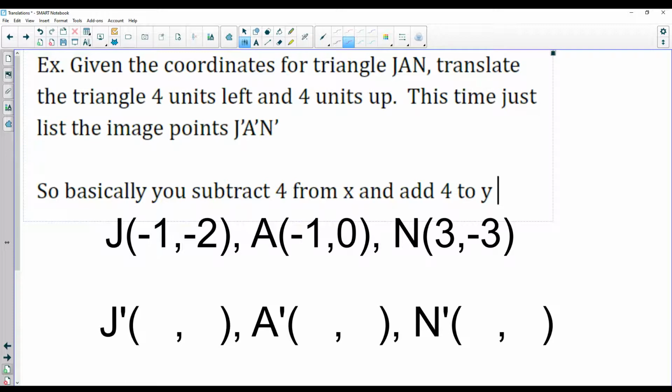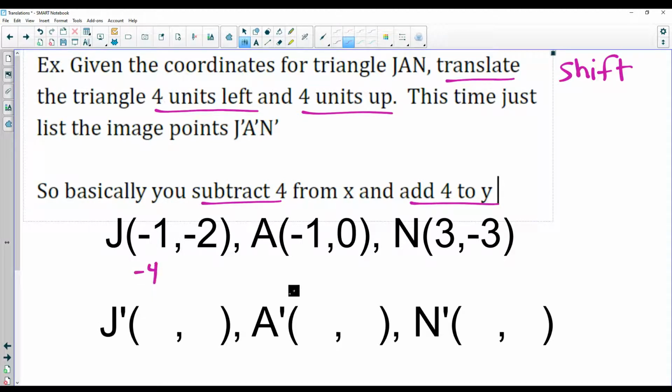Given the coordinates for triangle JAN, translate the triangle. So I'm translating it. Remember, that's a shift. Okay, 4 units left and 4 units up. Okay, we don't have a picture this time. We're just working with the points. So basically, you will subtract 4 from every x and add 4 to every y. Right?